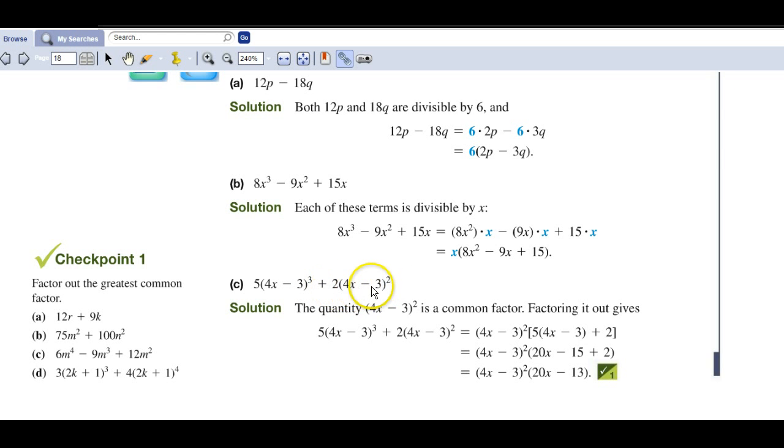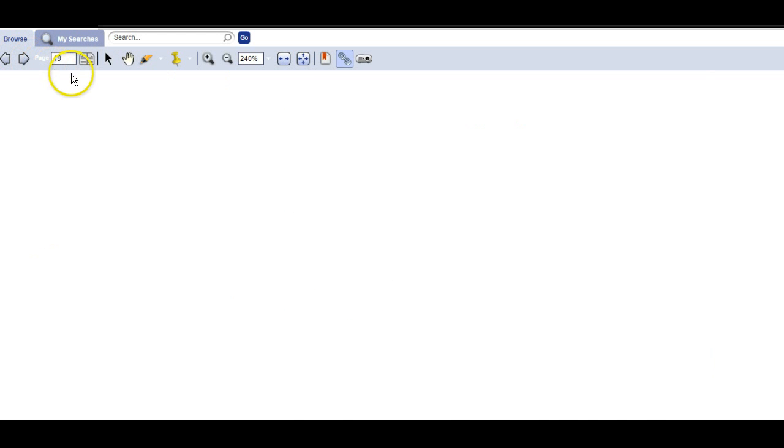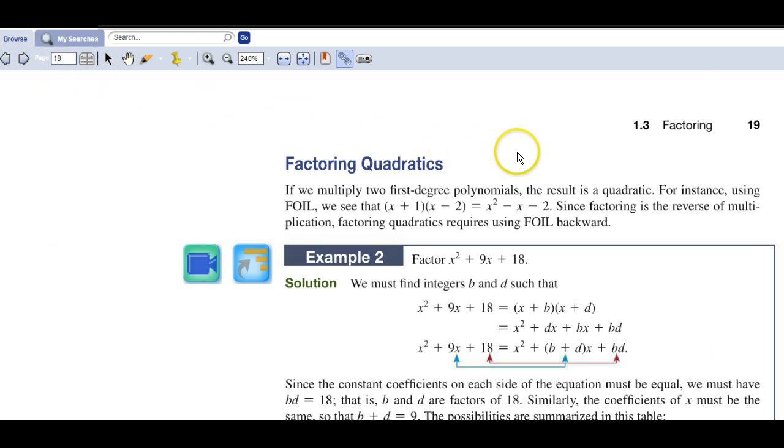So the greatest common factor for this one is 4x minus 3 to the second power. And then you have what you have left. So some of these get challenging right away. Factoring.